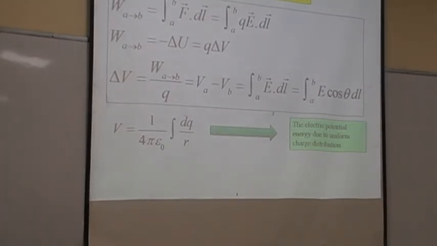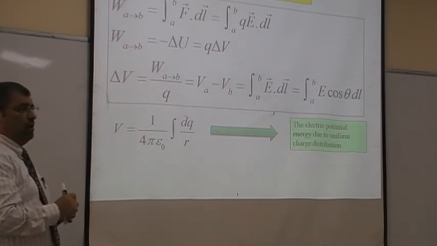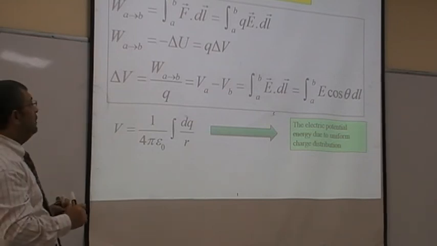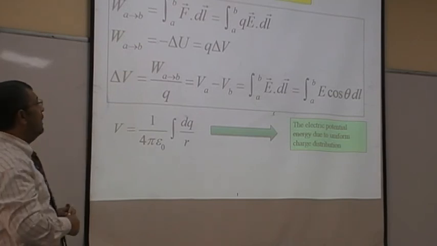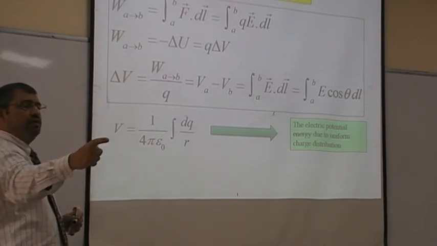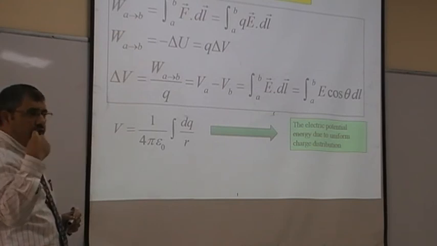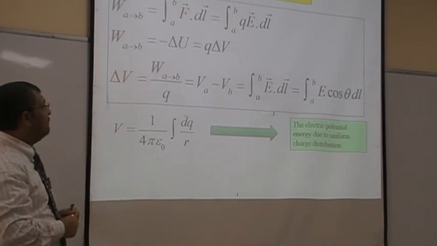Now, by definition, the work in going from point A to point B is simply F dL, or qE dL. If the force is constant, then it's just simply F dL.